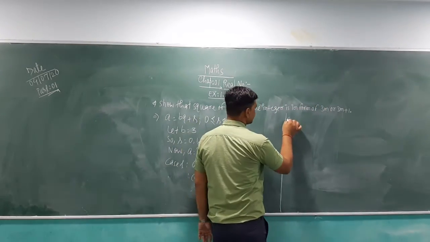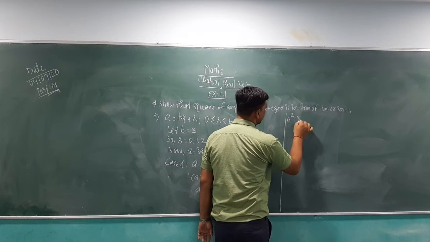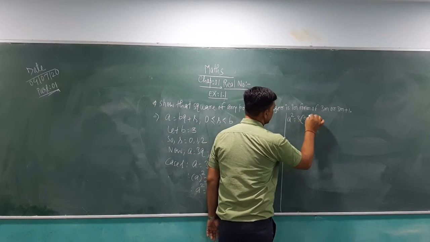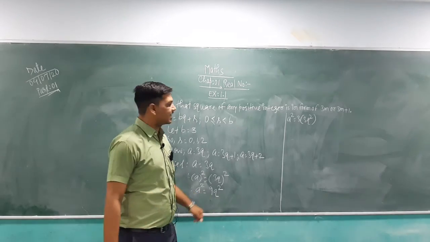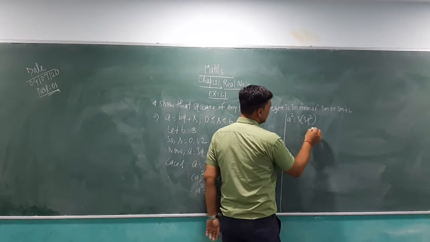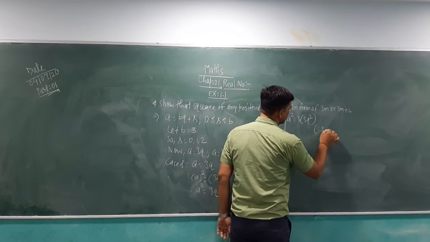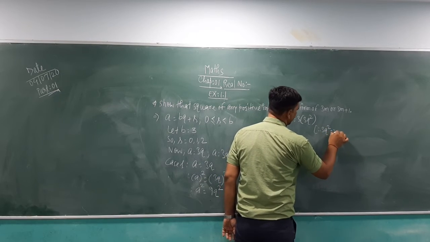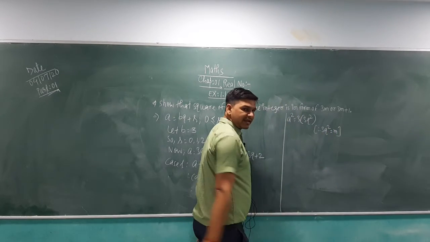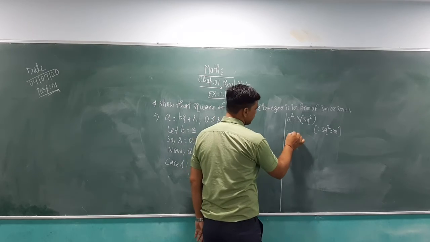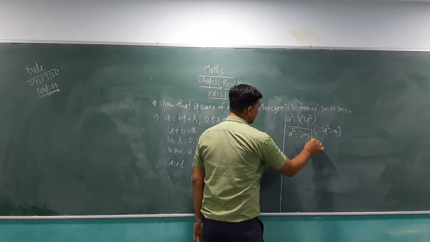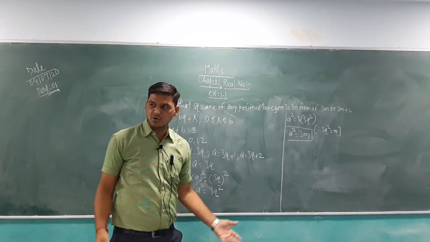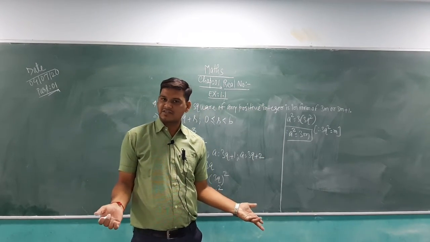It means a² = 3 × 3q², making 3 common from 9q². Let 3q² = m. Therefore a² = 3m. So if a² = 3m, obviously the square is in the form of 3m.